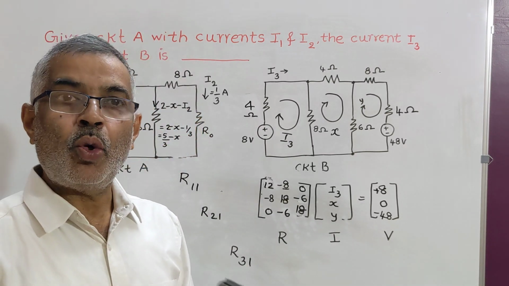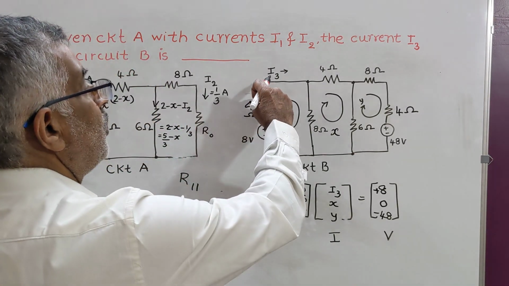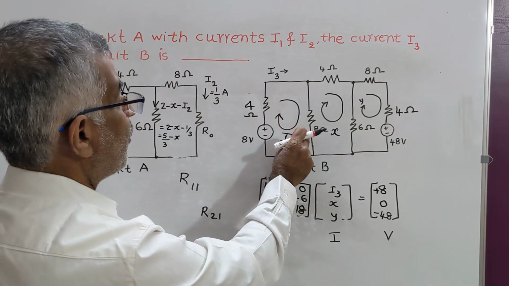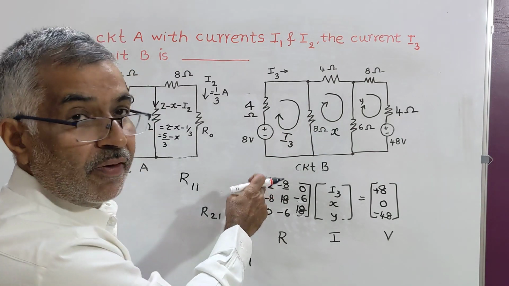Self-resistance means total resistance in the respective mesh. So in this mesh, total resistance is 4 plus 8, which is 12.